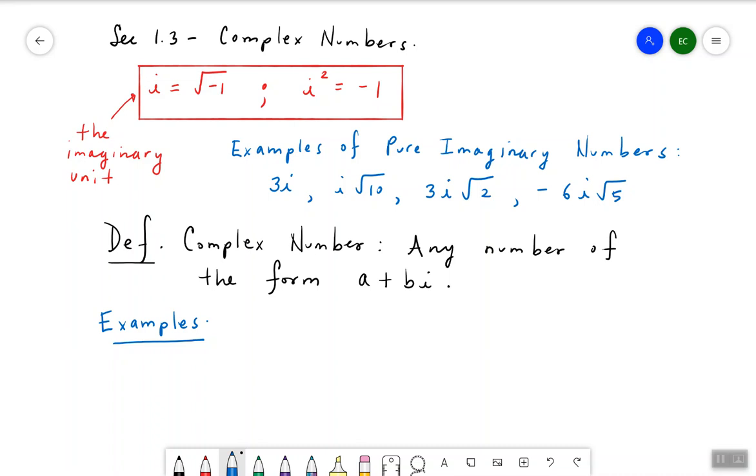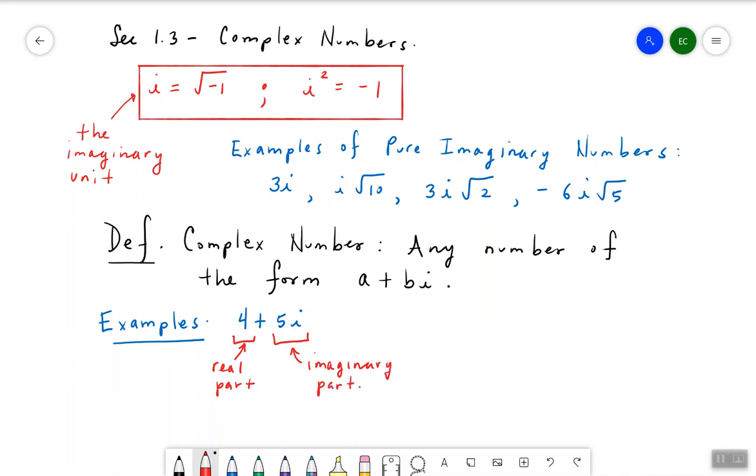So let's have a few examples. 4 plus 5i is a good example of a complex number. A complex number has a real part and it has an imaginary part. And so those would be the two terms in the complex number.